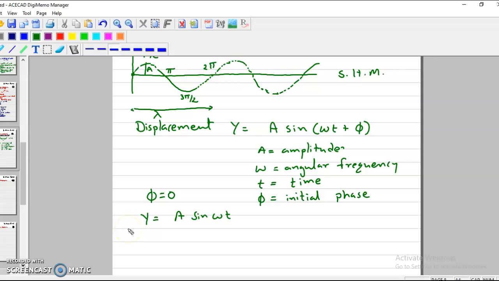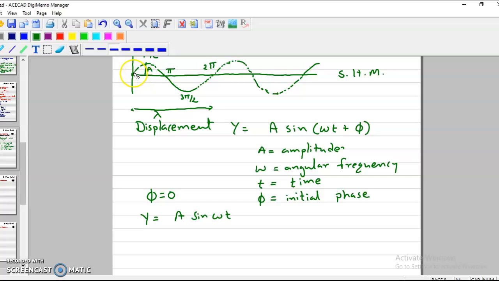But before that, we have to find out what displacement basically is. When the particle is at the origin, the phase difference will be 0. That is why phi is equal to 0.